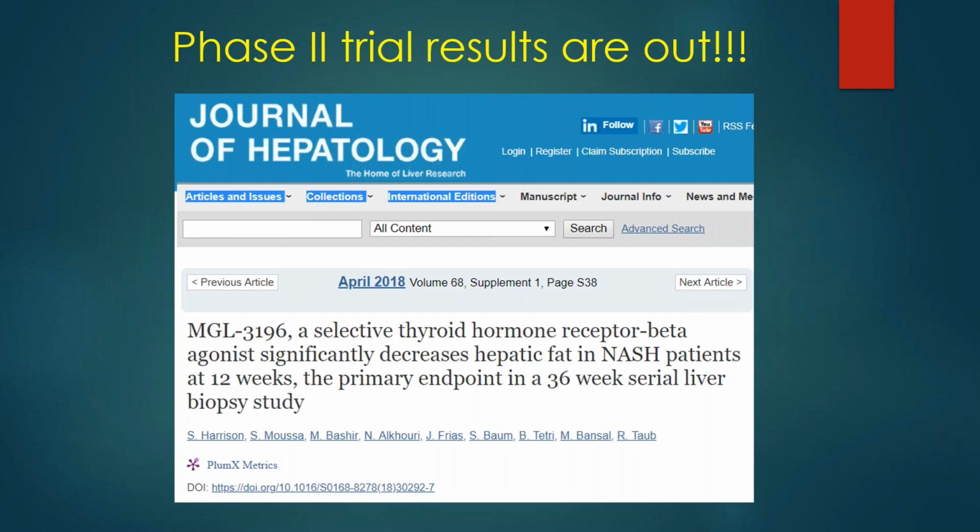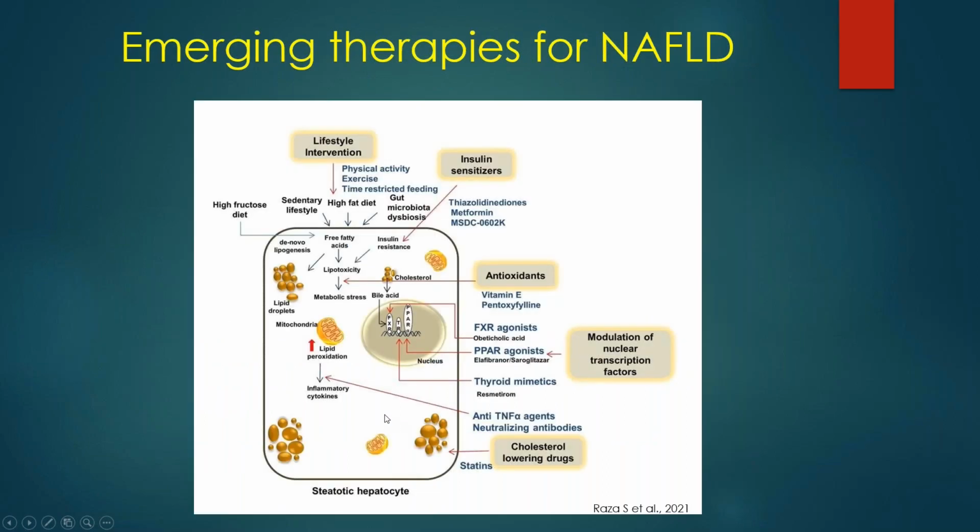They did a clinical trial, and the phase 3 clinical trial results are also out, and it shows very good efficacy in reducing hepatic fat in NASH patients. And these are some emerging therapies for NAFLD.